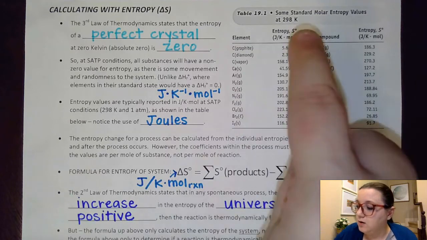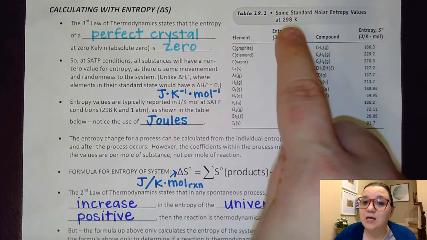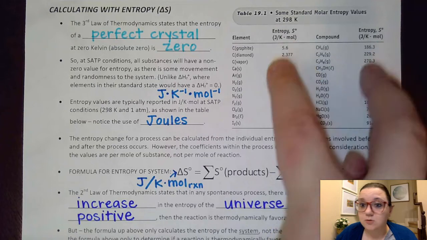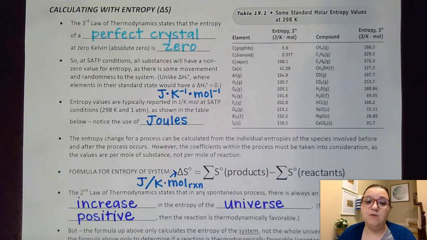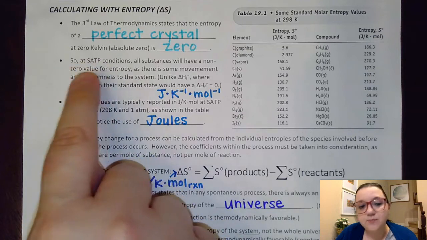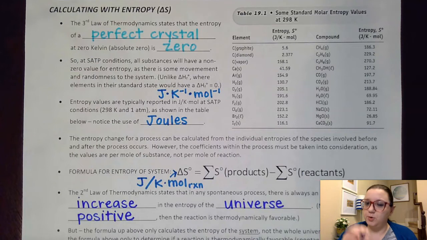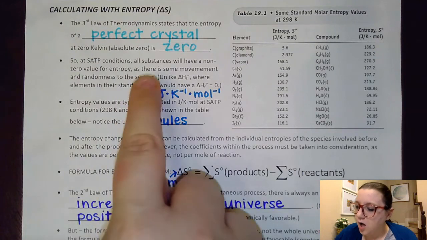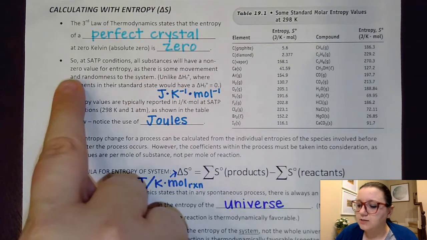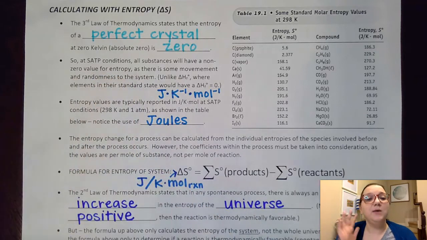For example, this chart is at 298 Kelvin, so being above absolute zero, none of these entropy values will be 0. Again, at standard ambient temperature and pressure conditions, which is where we do most of our thermodynamic calculations, all substances will have a non-zero value for their entropy because there's going to be some movement and randomness to the system.